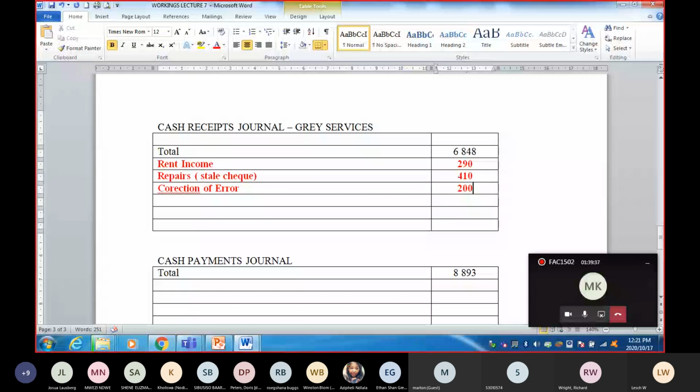The payment has been stopped, the check must be cancelled. So you will write an entry now in your cash receipts journal. Water and electricity, in brackets, that is your check that is now cancelled, and the value of that check is the amount of 84 Rand.